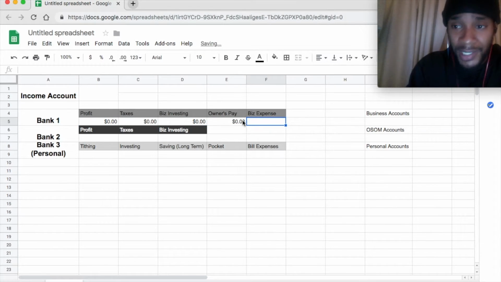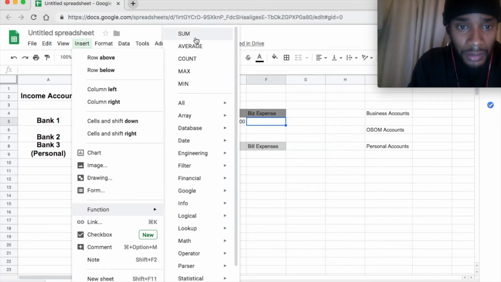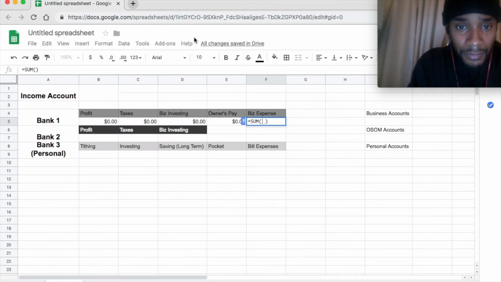Now, all right, so business expenses is going to be the total. You'll have to go to insert again, function, sum, and you'll get the total amount of all of these accounts added together.